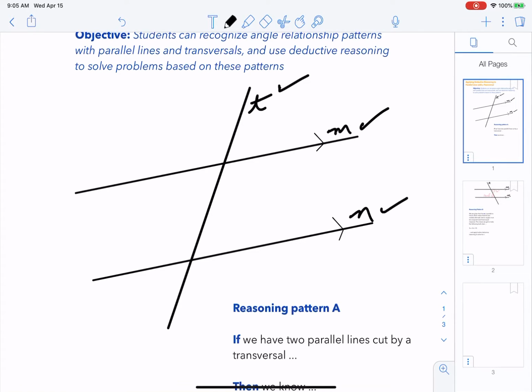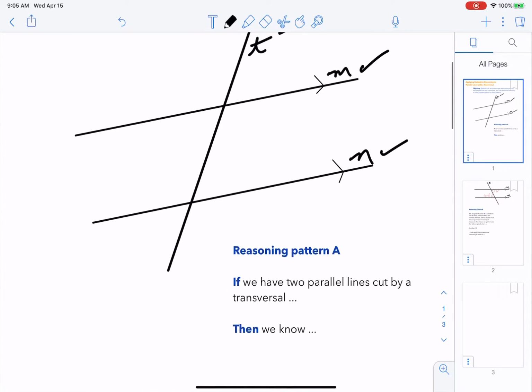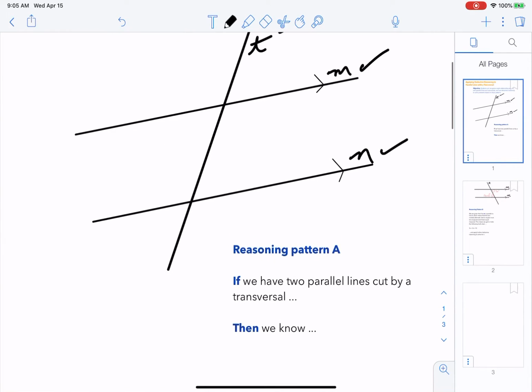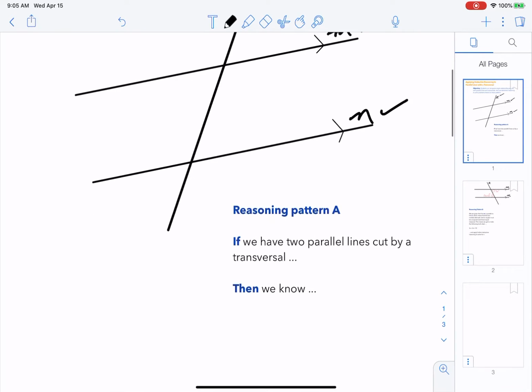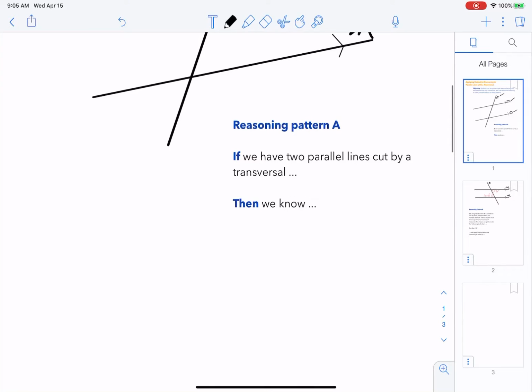Okay, so here is the reasoning pattern with this situation. Two parallel lines, a transversal, and the reasoning pattern is this. It's always true that if we have two parallel lines cut by a transversal, then several things are true, and I'm going to write them down first. First of all, alternate interior angles, AIA, are congruent. I'm going to talk about those in a second.